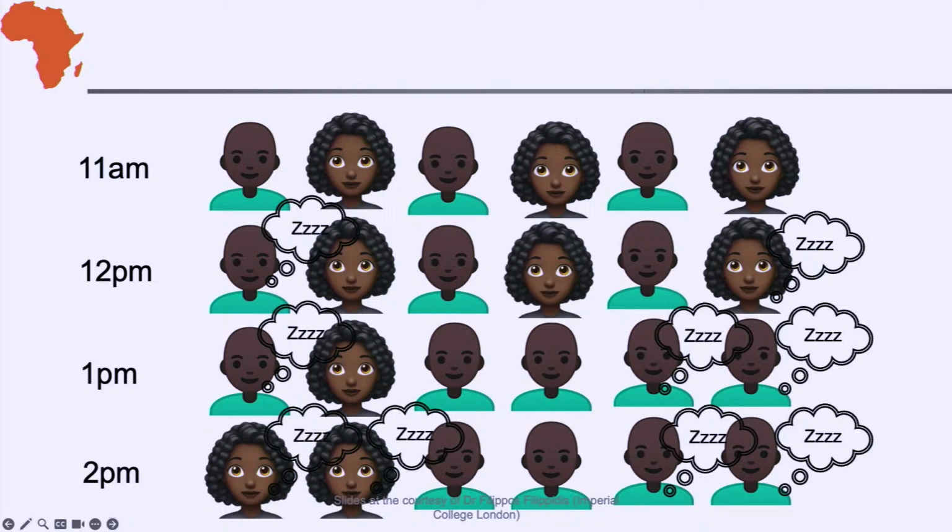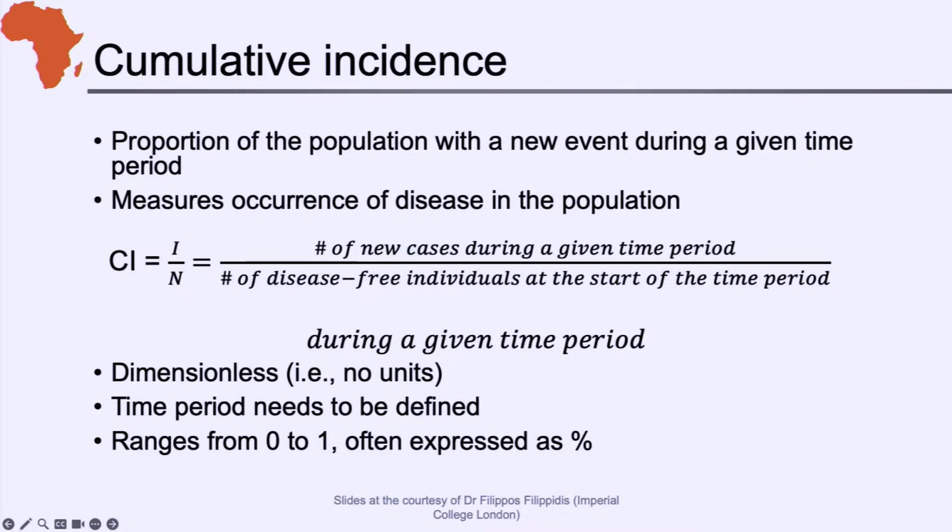So, looking at this classroom CSD image again, I wonder if you could come up with calculating the cumulative incidence. I will bring up the formula again.